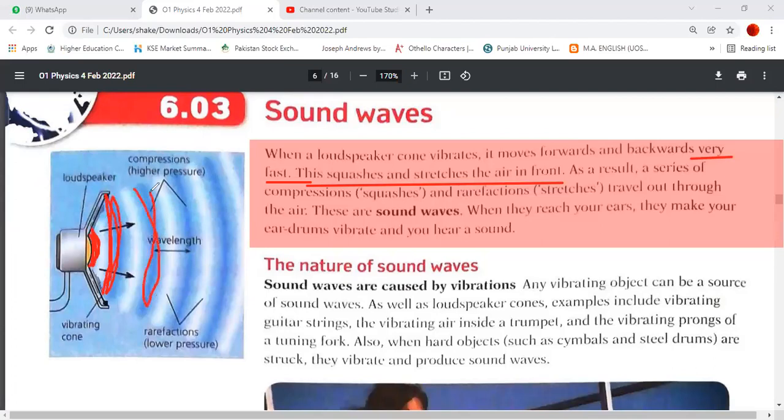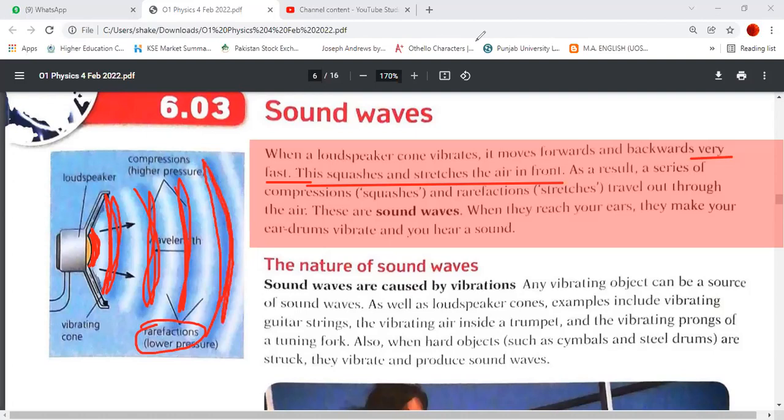For example, these are the places where the air has been compressed, while the other places are called rarefactions. So these are the compressions and the others are the rarefactions. These white places are indicated as the rarefactions, while the blue places are indicated as the compressions. These are not actual colors, but only for the impression.